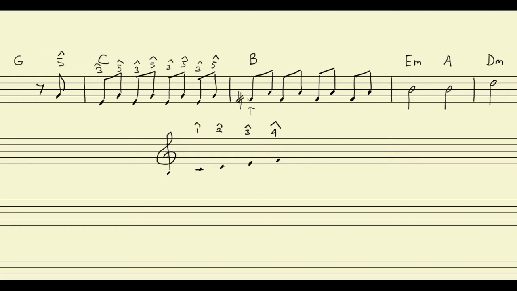So if F is the 4th scale degree, what is F sharp? Well, the way that I like to think about this is, what have we actually done to the 4th scale degree? We've altered it. We've raised the 4th scale degree a half step. In its natural state, the 4th scale degree is an F, and by putting the sharp symbol in front of it, we've raised it a half step.